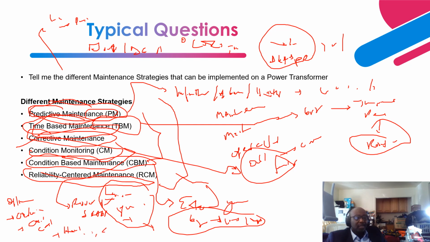Then environmental concern, right? Let's say if it should fail, what is it going to do? A lot of environmental spill, right? Okay. Then also it's a loss of revenue, and reliability. So all these factors are plugged in to implement a reliability-centered maintenance.